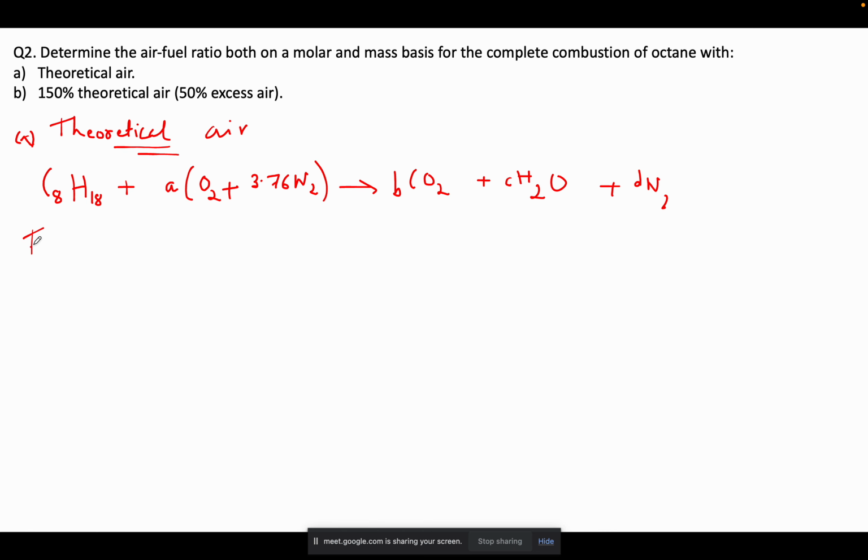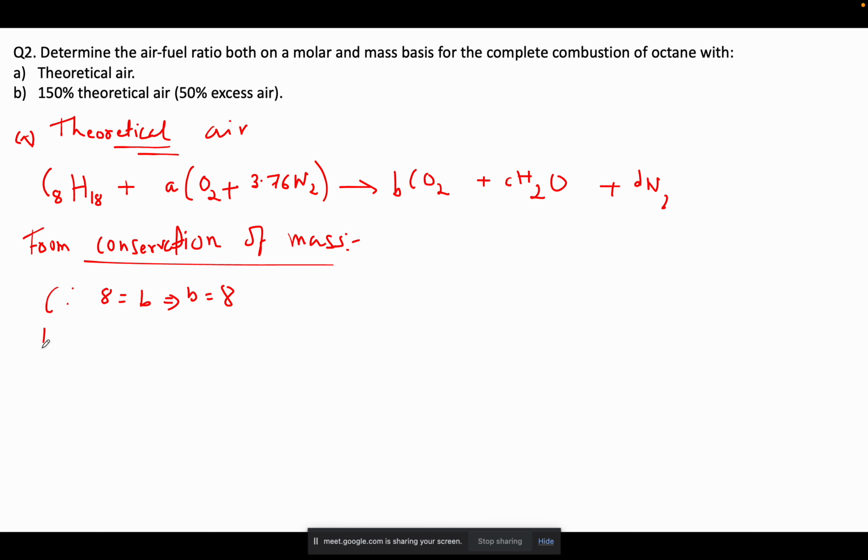Okay, now from conservation of mass, C 8 is equals to B, so this implies B is equals to 8. Then hydrogen 18 is equals to 2C, so this implies C is equals to 9.